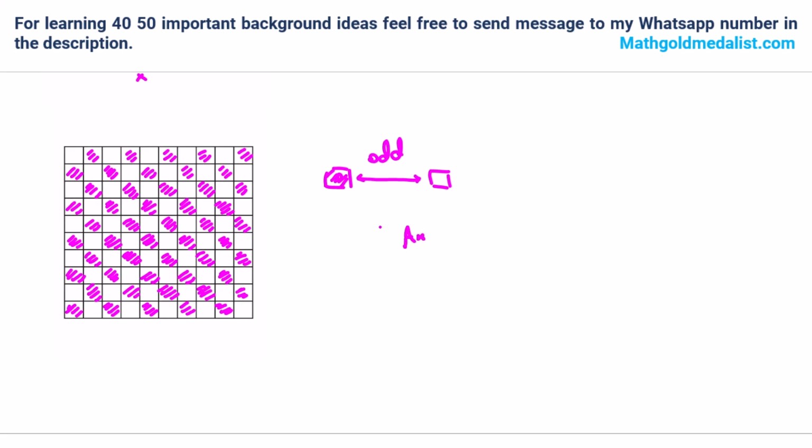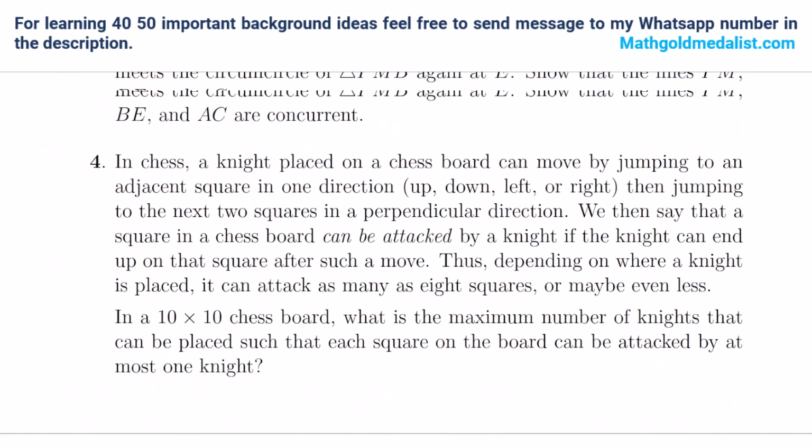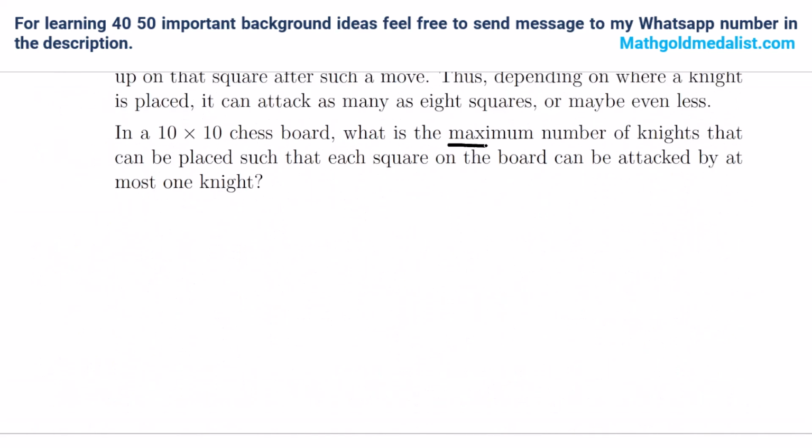Right. Okay, if you consider the range, which side is the example, left side or right side, and which side is the proof? Right side example, left side proof. It says maximum or minimum number of knights? Maximum, right?